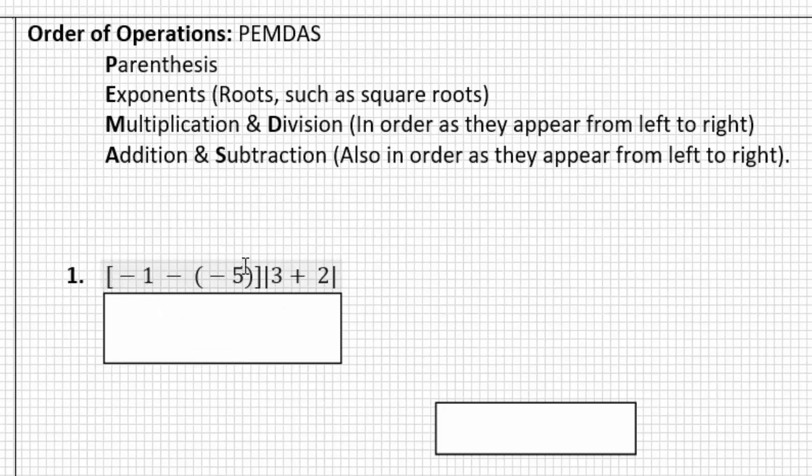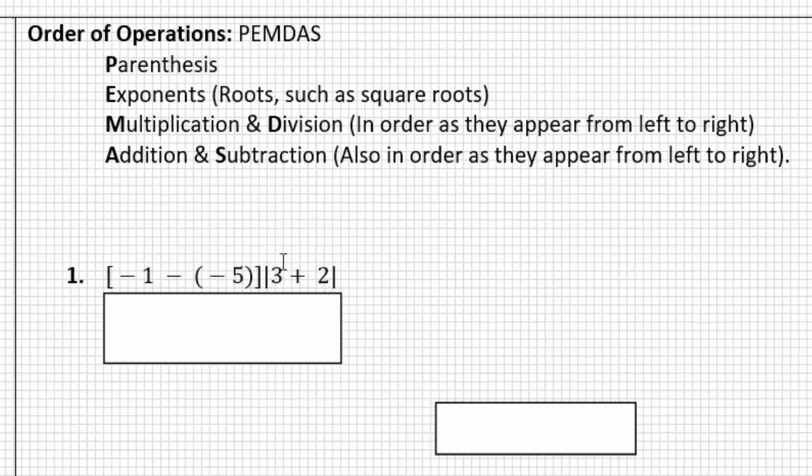So we're using these brackets, which are a little bit more square. We use brackets after we've used the curved parentheses, but they're treated just like parentheses. So we have some parentheses here with -1 subtract -5, so some subtraction of integers in here.